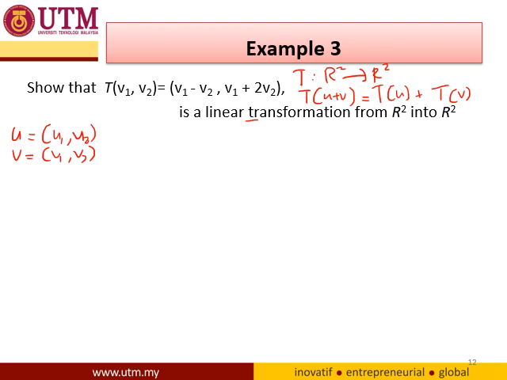Alright, because we want to check the properties. So once we have this, we need our u plus v, which is (u1 plus v1, u2 plus v2). Then we need to find the transformation of these two, the transformation of (u1 plus v1, u2 plus v2).